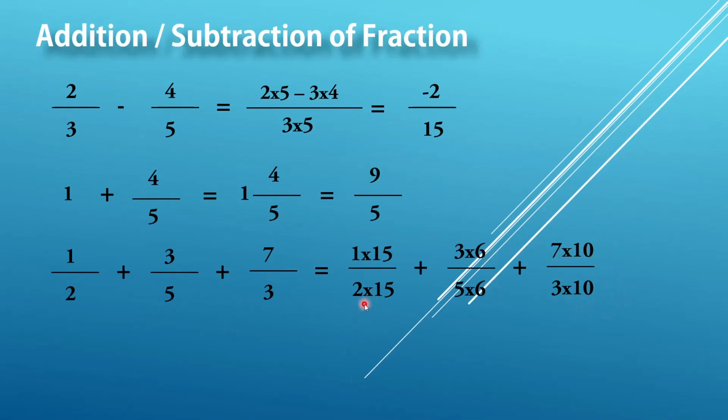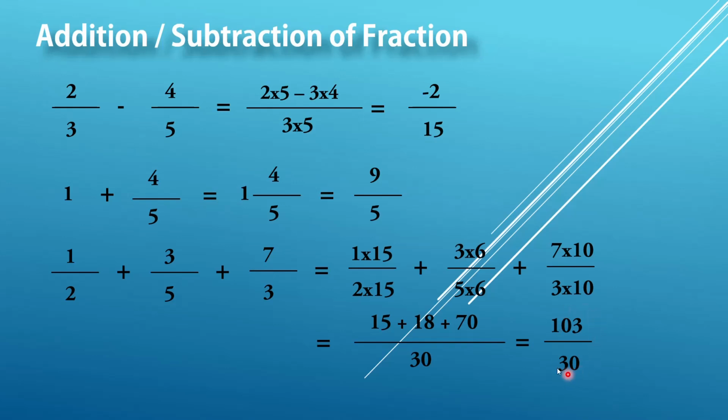So we have made 30 the denominator. Now first we do the multiplication, and now we have the same denominator, so we can do 15 plus 18 plus 70 directly. So what will be the result? It will be 103 by 30.